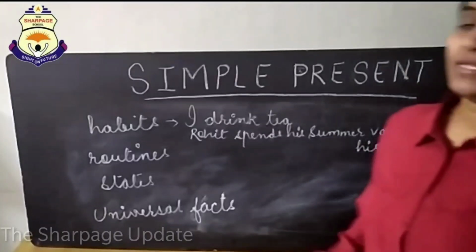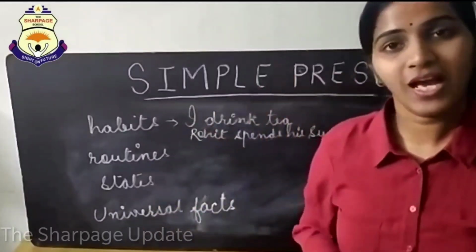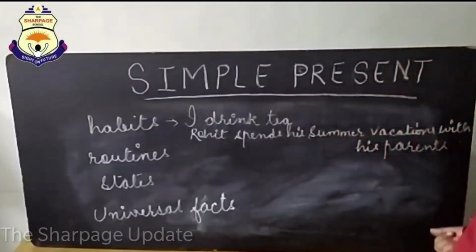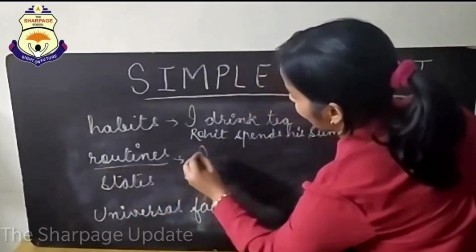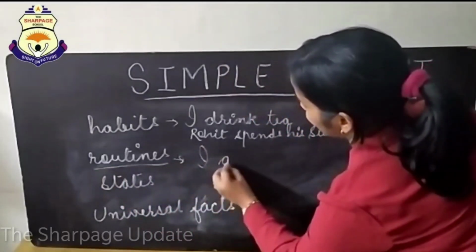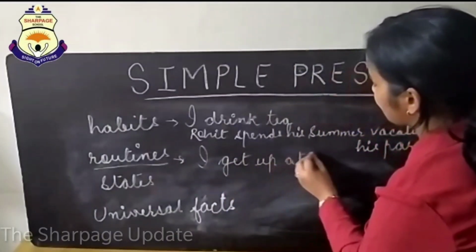It implies that he spends his summer vacations with his parents every year. Now let's take an example for routine. I get up at 6.